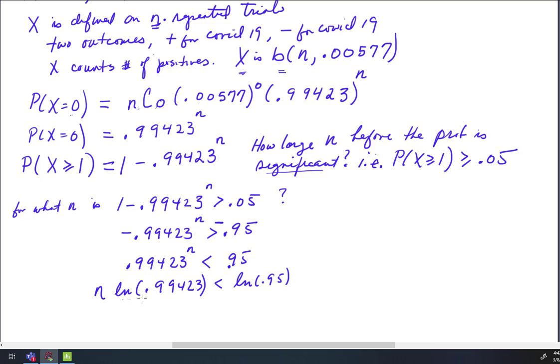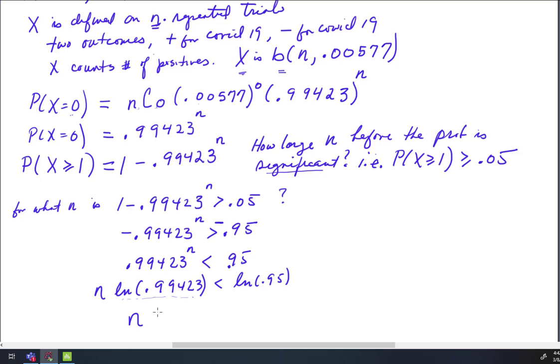Now we divide by this coefficient, left and right, and we would have an n on the left-hand side. Now, if I divide by a negative quantity, I've got to reverse the inequality. It's going to have to flip back over because the log of this value is going to be negative. The log of anything less than 1 is going to be negative. So I'm dividing left and right by the log of 0.99423. That's going to be a negative value.